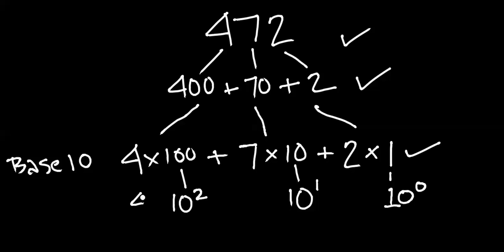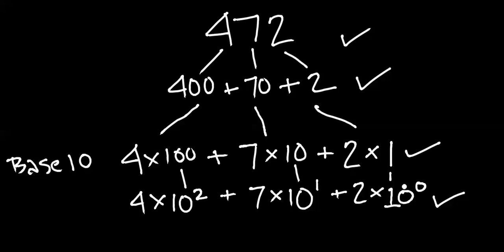So 4 times 10 squared, or 10 to the power of 2, plus 7 times 10 to the power of 1, plus 2 times 10 to the power of 0. These are all the same thing.